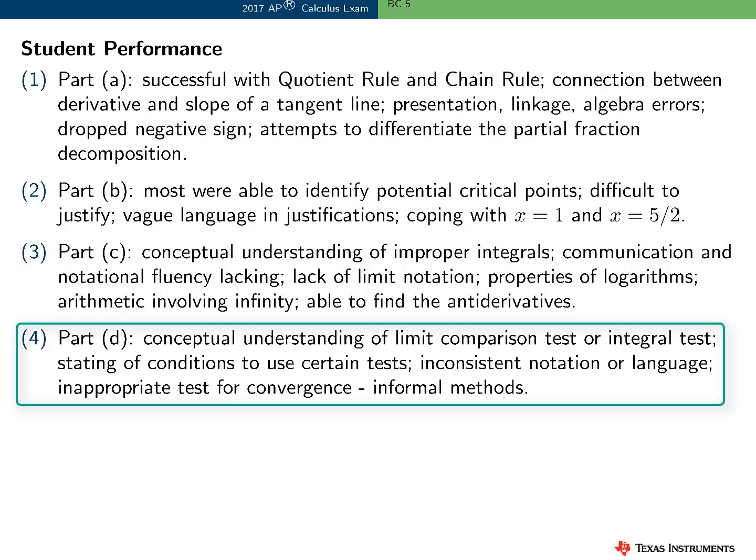In Part D, most students conveyed a conceptual understanding of the integral test or the limit comparison test, but few were able to state the conditions necessary to use these tests. Some students used inconsistent notation or language. Some students were unable to select an appropriate test for convergence or divergence, and many of these used very informal approaches.